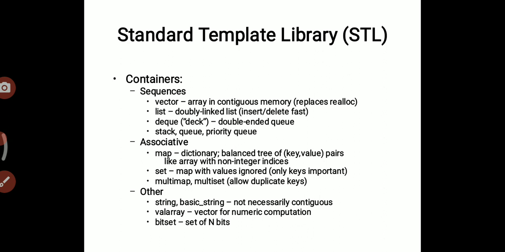Associative: map, a dictionary, a balanced tree of pairs like an array with non-integer indices; set, a map with value ignored; multimap and multiset. Other: string, which is not necessarily contiguous; valarray, a vector of numeric consumption; bitset, a set of a number of bits.